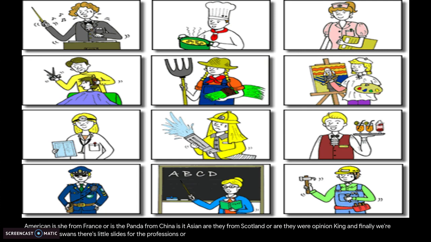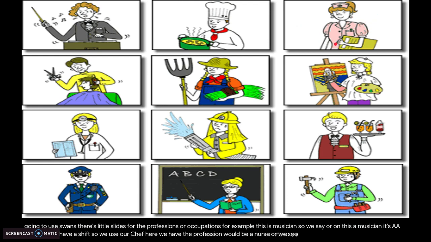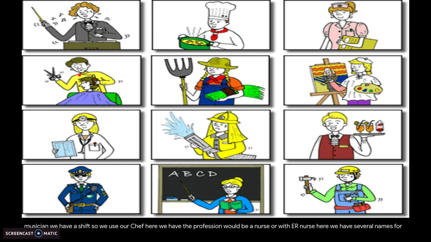For example, this is a musician, so we say "a" or "an". There's a musician, it's a musician. We have a chef, so we use a chef. Here the profession would be a nurse, so we say a nurse. Here we have, for this profession, a barber, a hairstylist or a hairdresser.